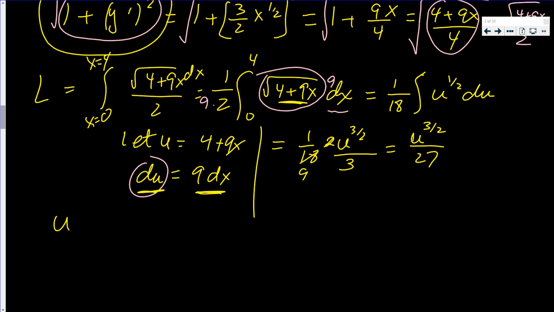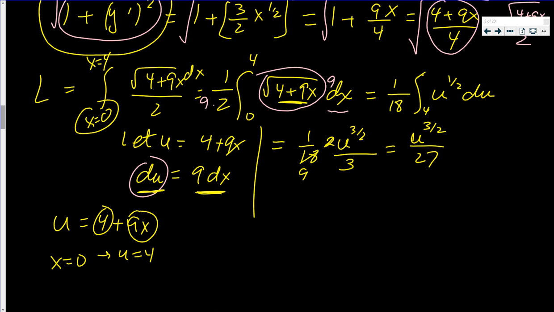Now you know that u is 4 plus 9x. Well, if x is 0, like the lower limit is, that means that u would be 4, because 9 times 0 is 0, and 4 plus 0 is 4. Okay, so the lower limit becomes 4.